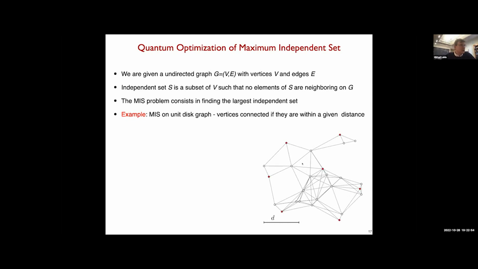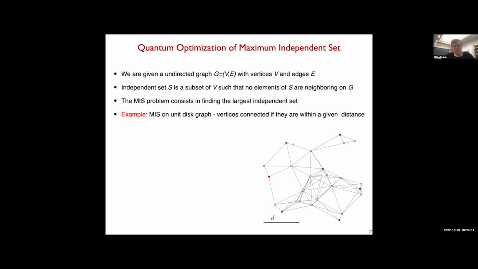It is essentially a graph problem. It involves vertices which are connected by edges, and an independent set is a set of vertices which are not directly connected by edges.